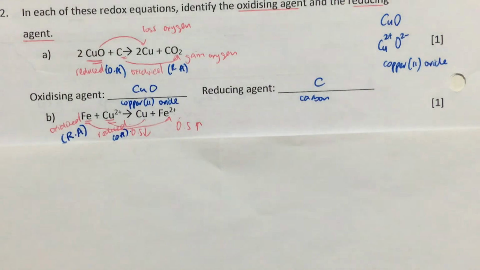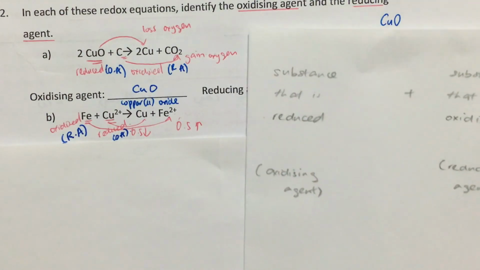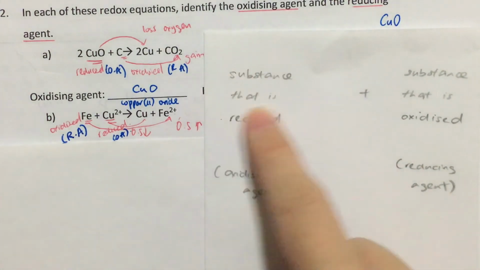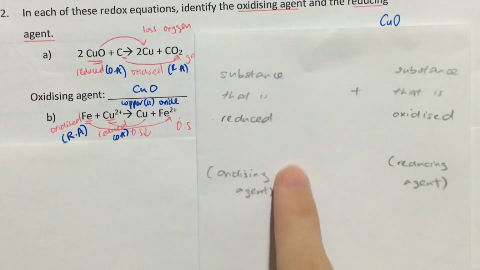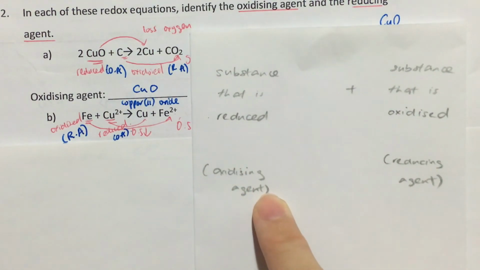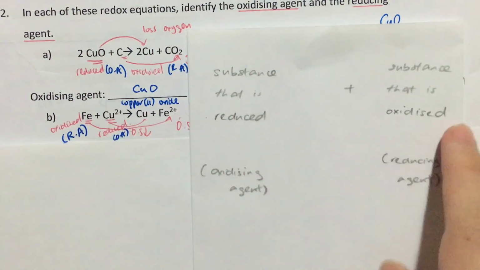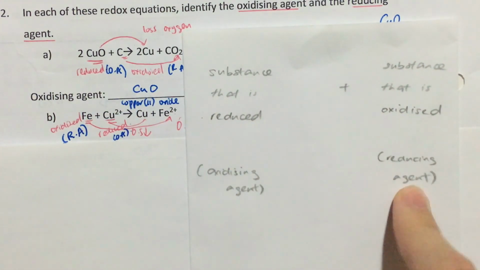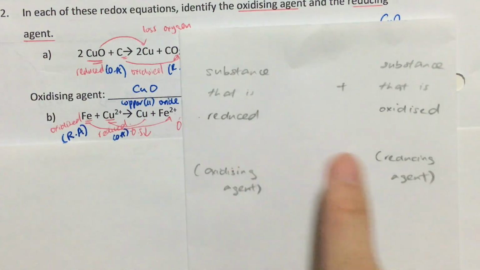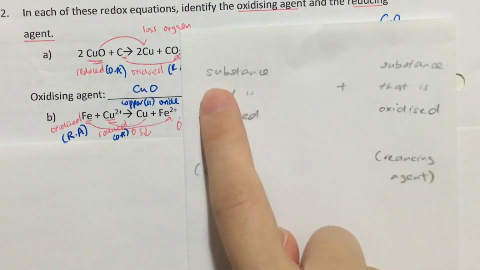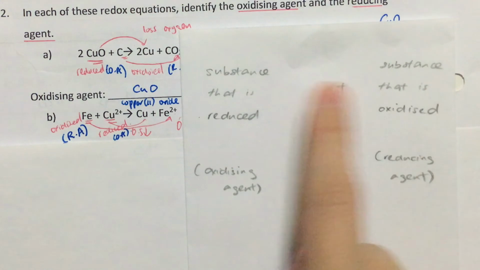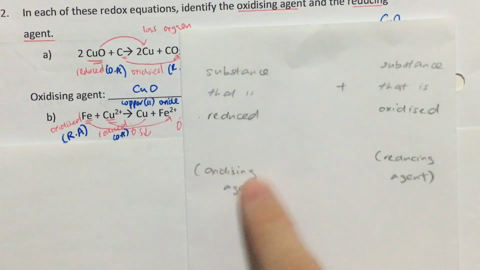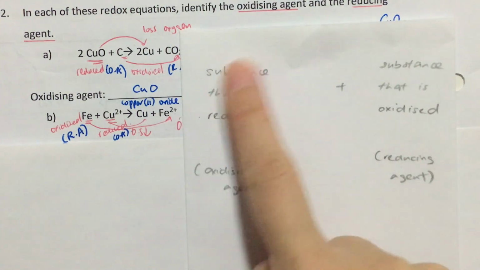In case you forget, we can take a look at this. If something is being reduced, in this case copper, it is an oxidizing agent. And if something is being oxidized, in this case iron, that is a reducing agent, because both come together. A reducing agent reduces others, it's self-oxidized. An oxidizing agent oxidizes others, it's self-reduced.